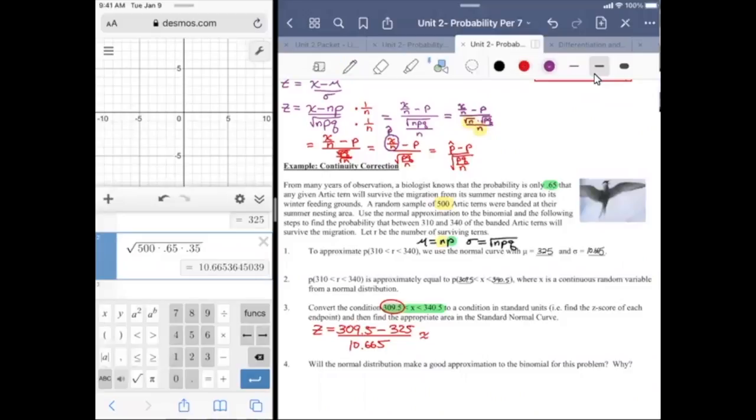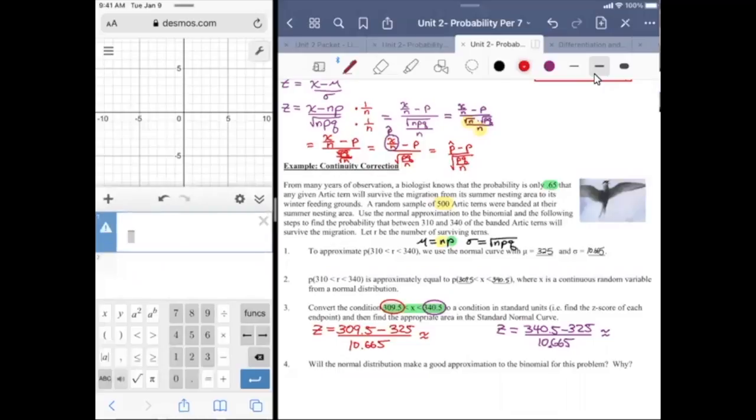And then we do the same thing on the high bound. z is equal to 340.5 minus 325 divided by 10.665. You generally want to try to get the most accurate form of a result, but if you work with 3 significant digits along the way, your answer will have an acceptable amount of variation, so that's fine.